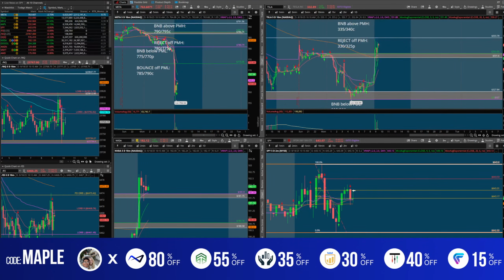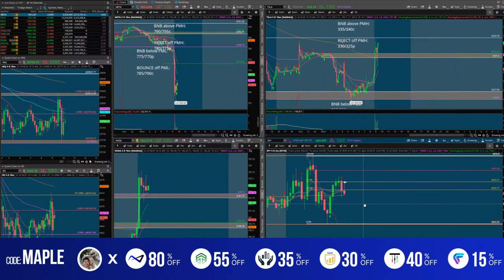Mid orb rejection here, SPY. Let's see if we can break a new low of day. It's interesting because a lot of things are trying to push up, right? Meta's trying to push up, Tesla's pushing up, Nvidia's still trying.